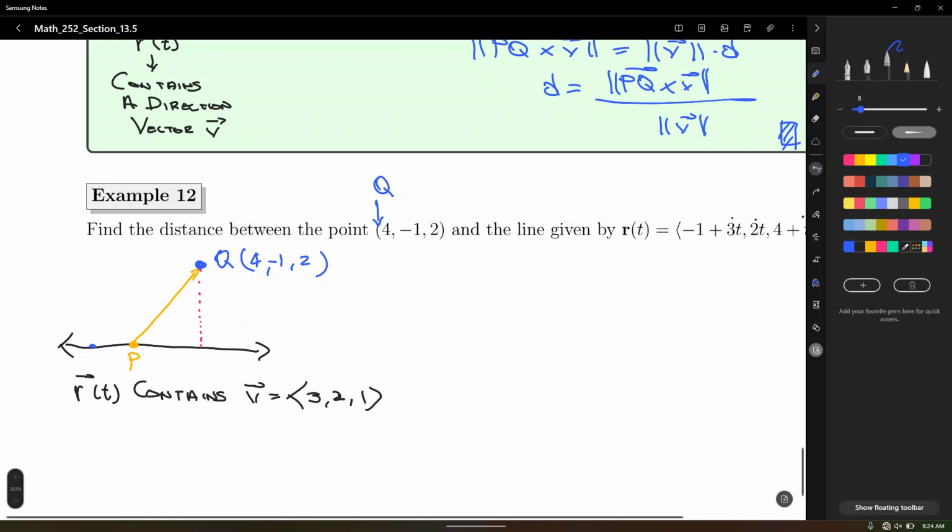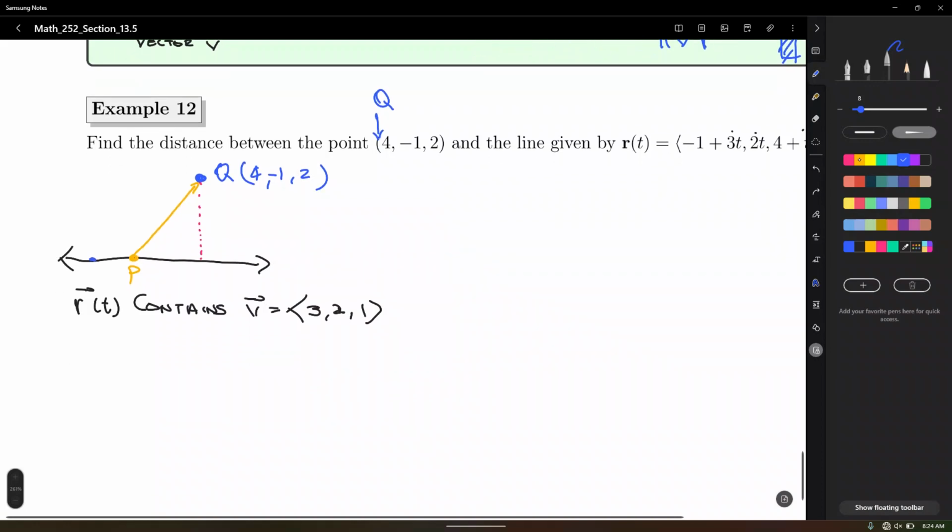But what's that point? We get that point by evaluating the vector valued function at your favorite value of t. What would be your favorite value of t? 1? Even easier, 0, right? I mean, you can evaluate r of 75,045,000 if you want. It's going to give you a vector whose shadow is going to coincide with the distance between the point and the line. But keep it simple. Just do r of 0.